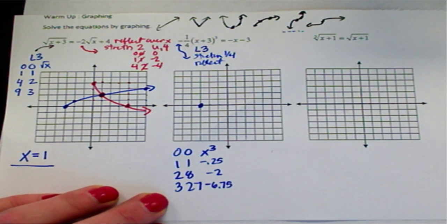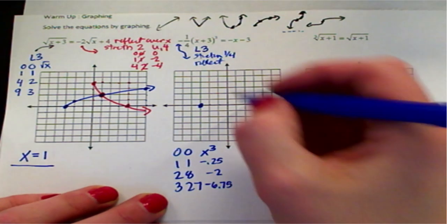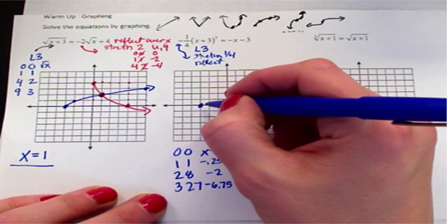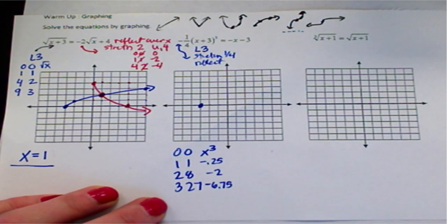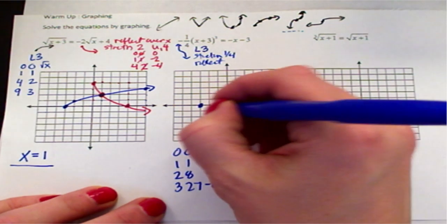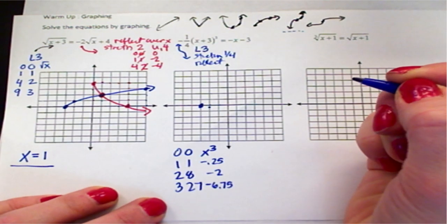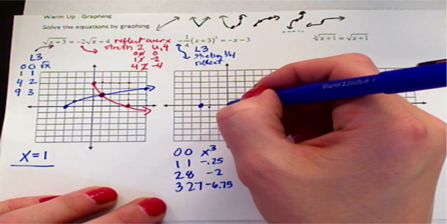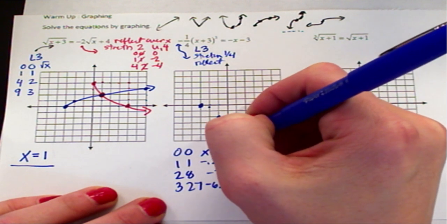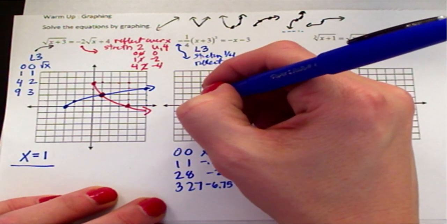Stretching or compressing by 4 does make that number smaller. Okay, so over 1, yes? Okay, so down 1/4, over 2, down 2, over 3, down 6 and a little bit. Okay, I'm going to count the other direction.